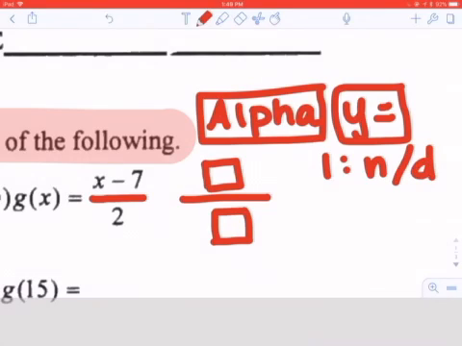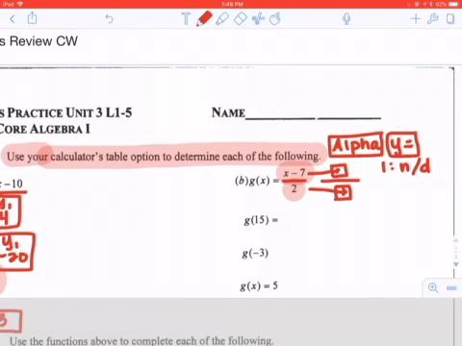Then you would just type x minus 7 in here, and the 2 in the denominator, and then go to your table.